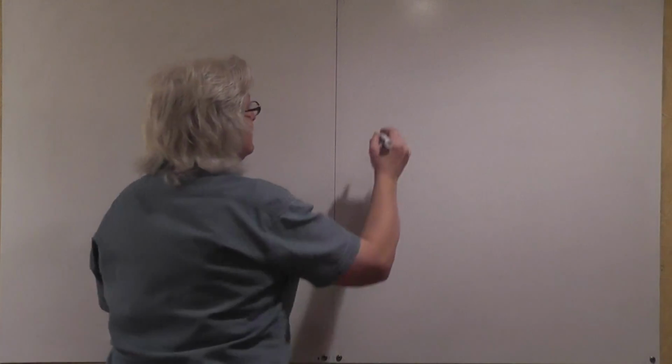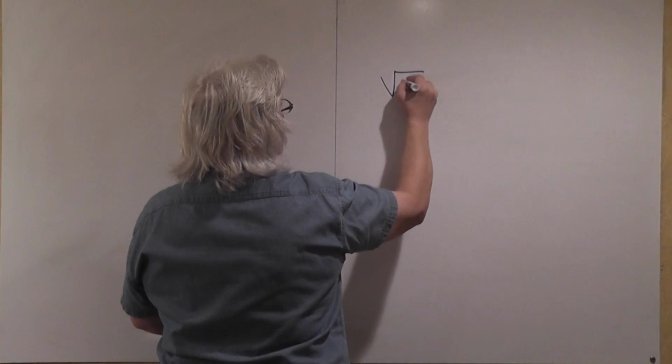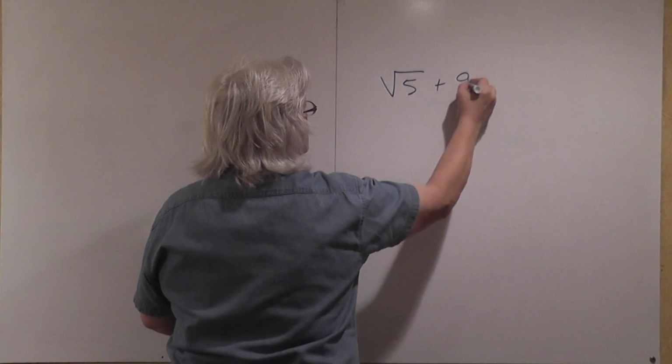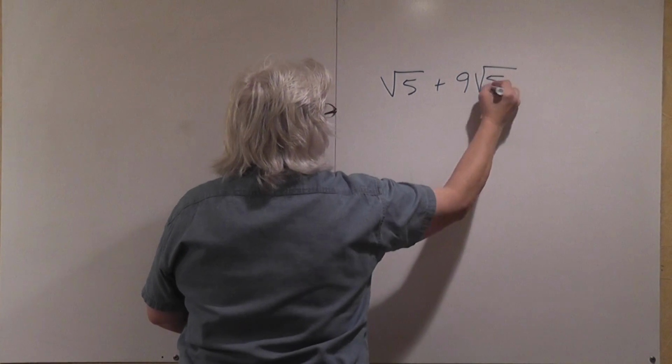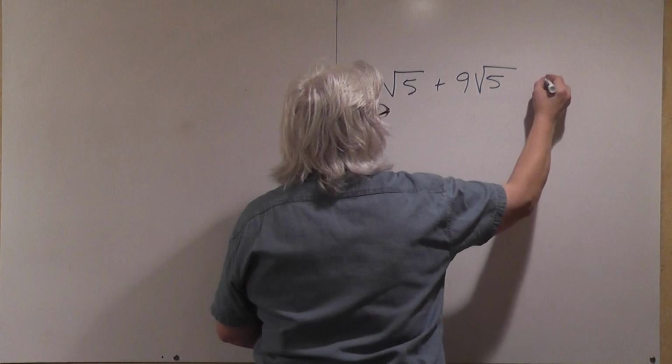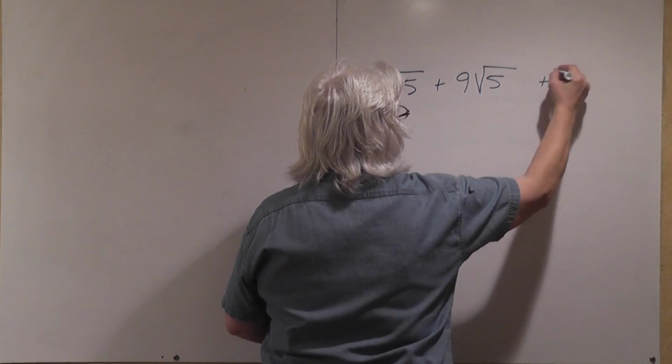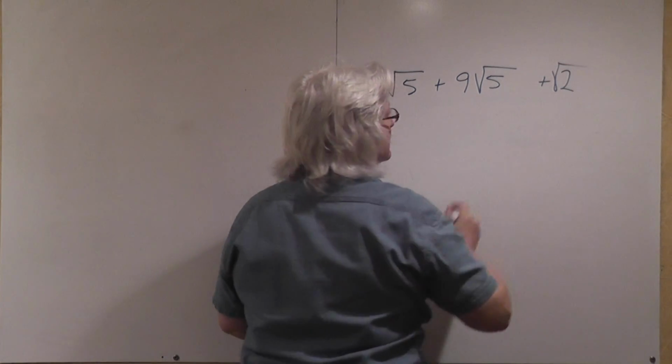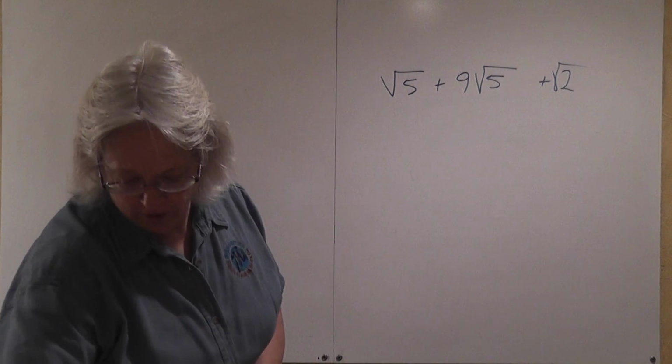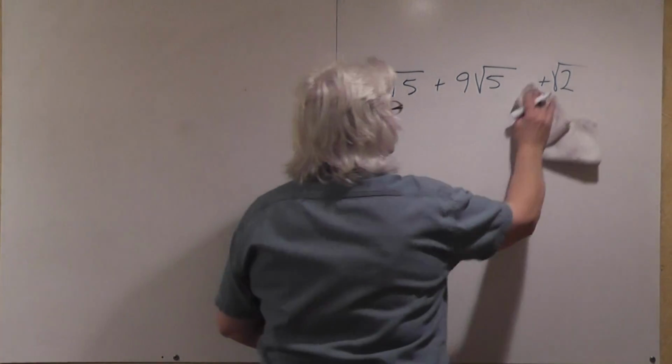So let me go ahead and just do this second very easy example. Square root of 5 plus 9 times the square root of 5 plus the square root of 2. That's a very bad drawing right there.